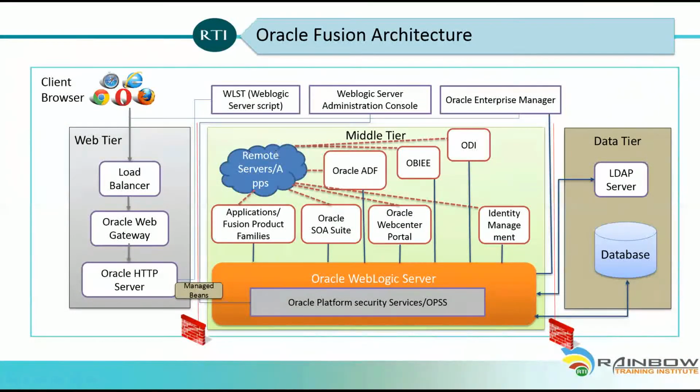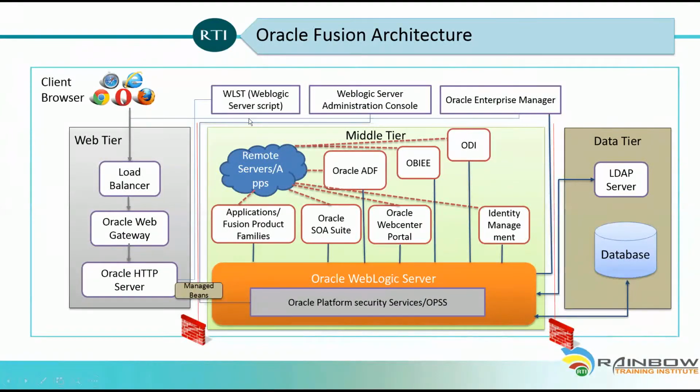If you have the proper licensing defined, you can have your own data or your own applications in remote servers, and still use Fusion Middleware components to interact with your remote applications and servers. You can use any of these tools to pull data or interact with the remote servers and applications, and also interact with the Fusion product families, and combine those two things together to build your own applications. I'm just giving a simple example here.